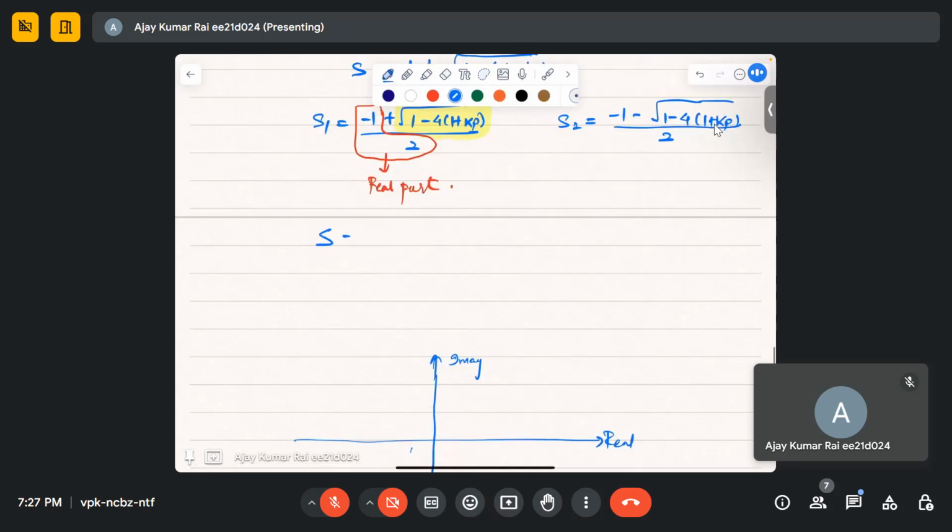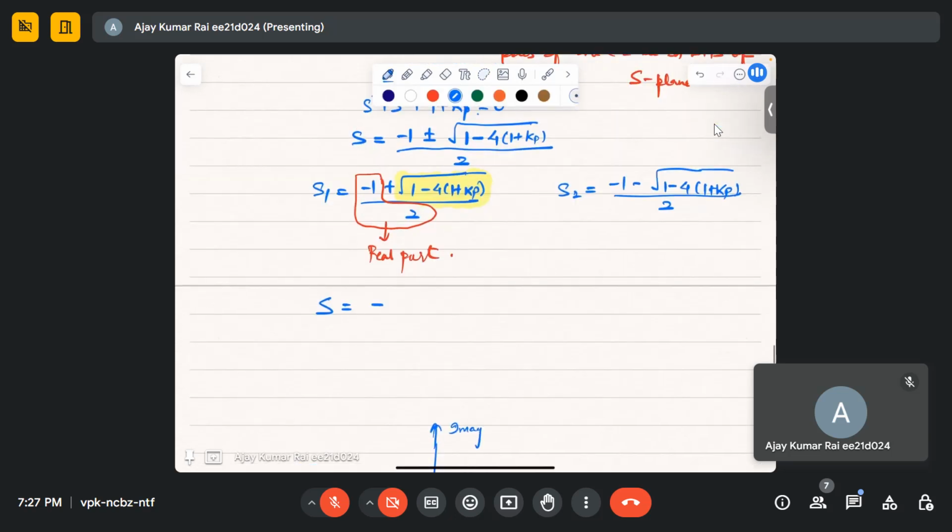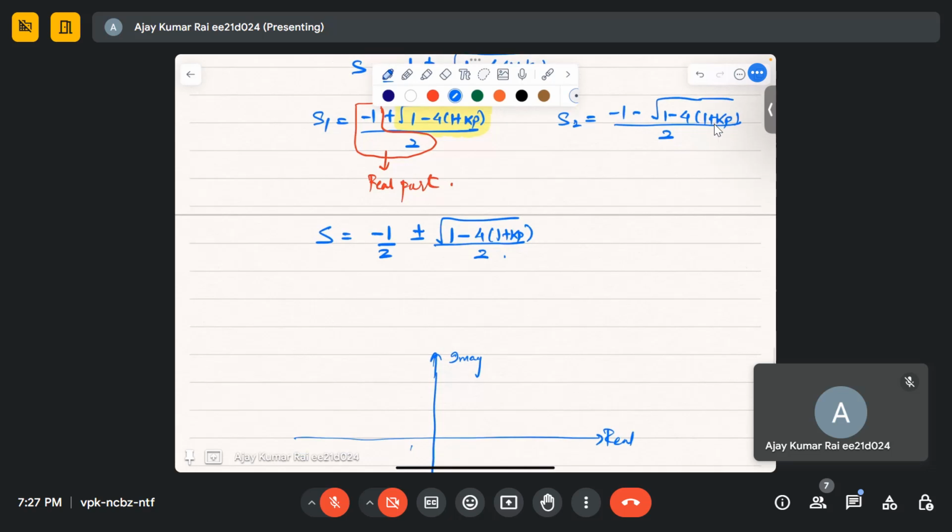So s is minus 1 by 2 plus minus root of 1 minus 4 times (1 plus Kp), by 2. Okay, so this is part 1 of s and this is part 2, right?